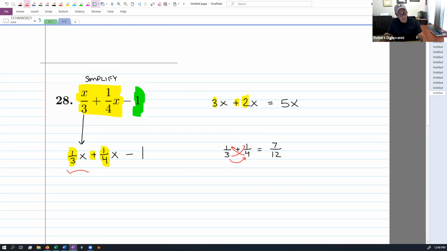So this here becomes 7 over 12x minus 1. And that's it. There's nothing else we can do because it's simplified, right? We brought the two x's together into a single term, and then the minus 1 we leave alone. Questions there?